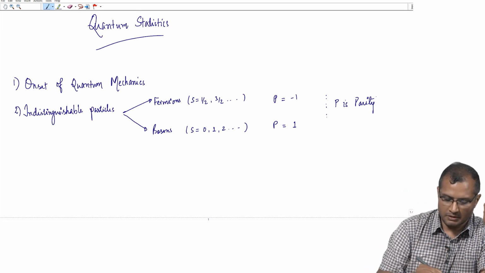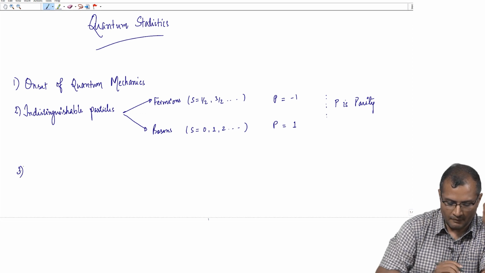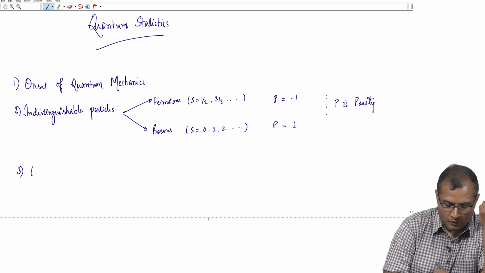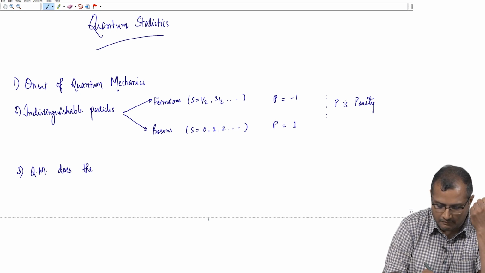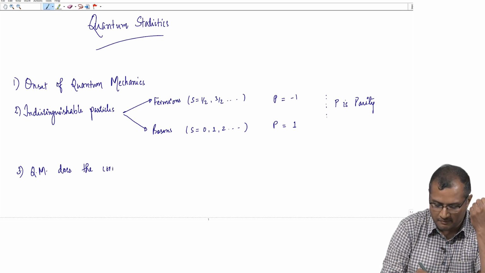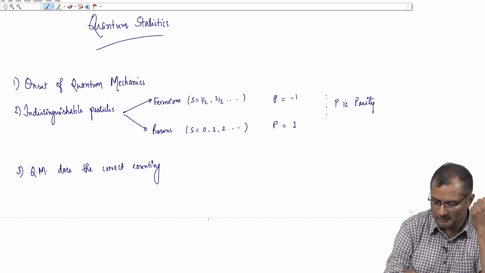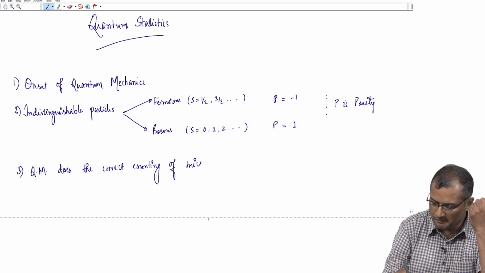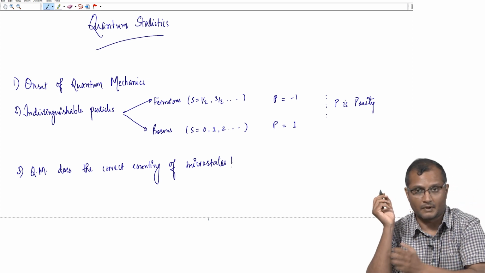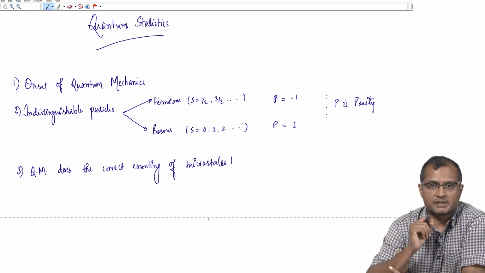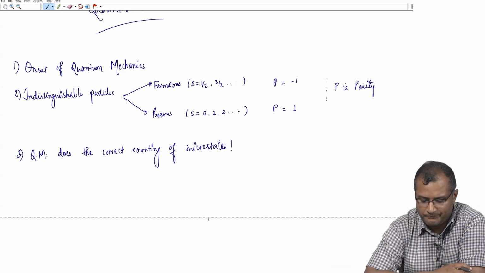and we will also see that quantum mechanics does the correct counting or correct enumeration of states naturally. Okay. So, this correct counting of the microstates is natural in the quantum mechanical formulation.